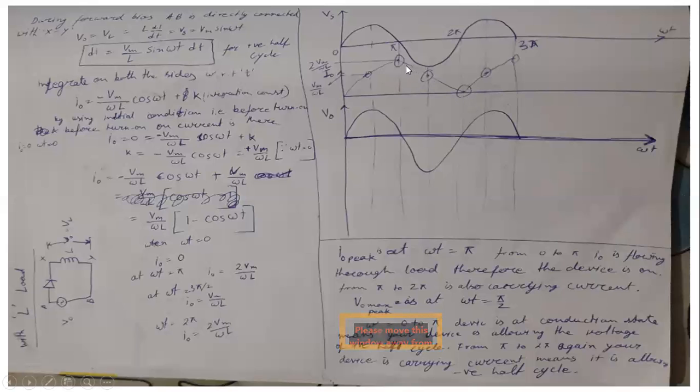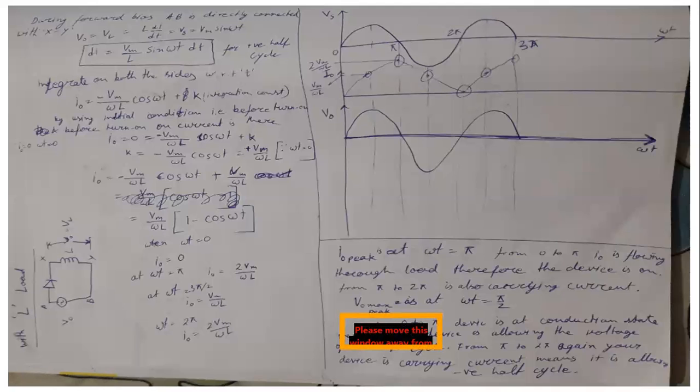You can see in this graph that the current peak value and the output voltage peak value are not the same.